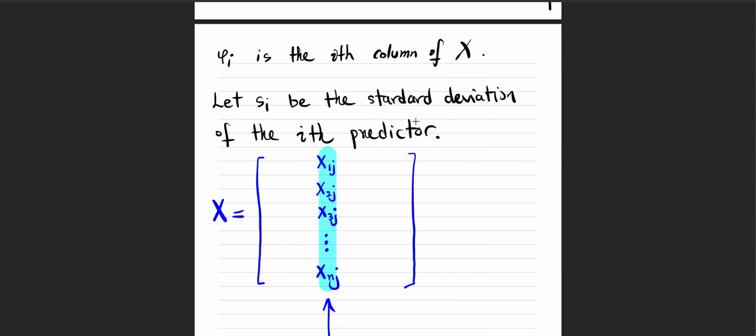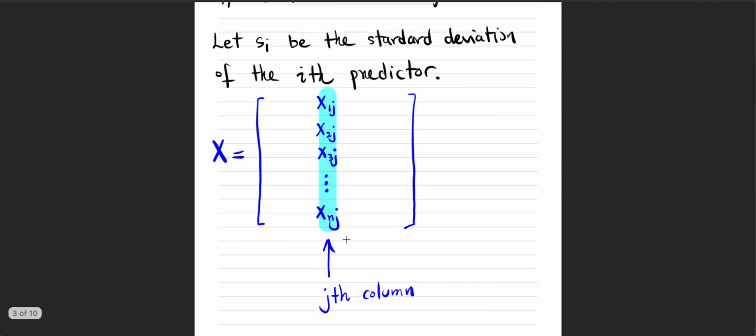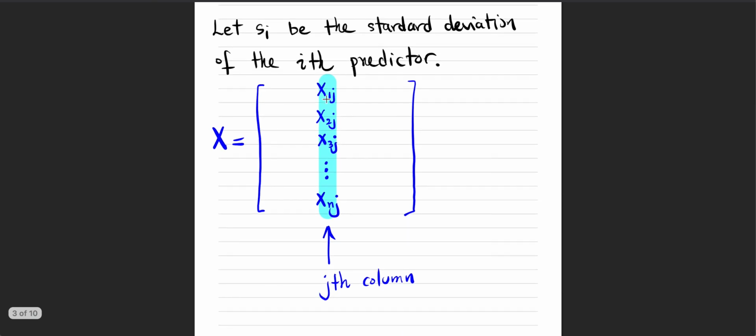Let Si be the standard deviation of the ith predictor. So this is the jth column, right? X1j, first row jth column, second row jth column, third row jth column, nth row jth column.